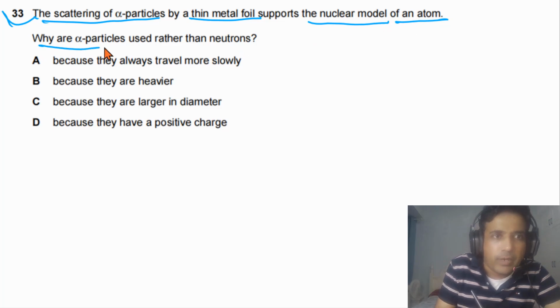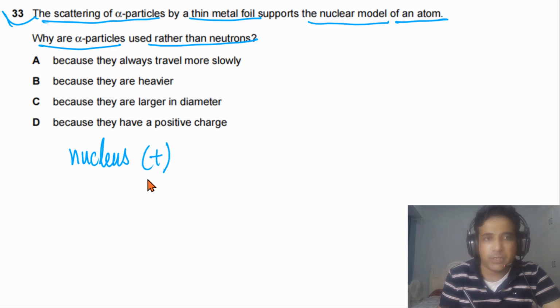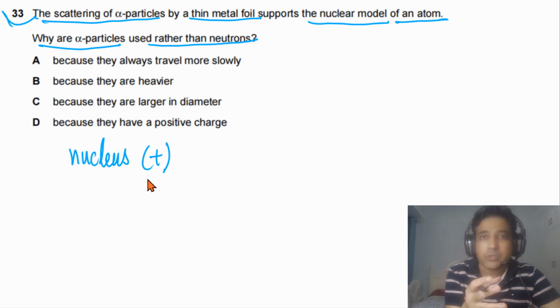Question says the scattering of alpha particles by a thin metal foil supports the nuclear model of an atom. Why are alpha particles used rather than neutrons? We need to understand the nucleus is positively charged. If we use neutrons, they have no charge, so there will be no repulsive force, so we cannot determine the size of the nucleus.